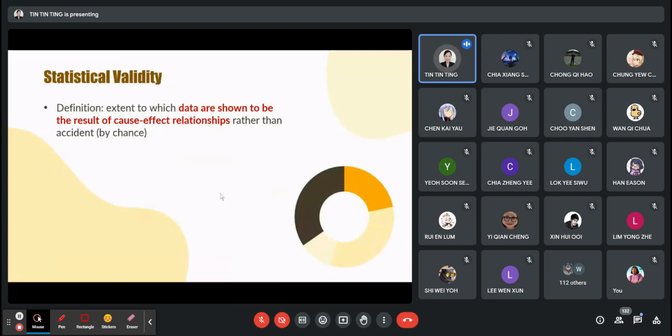The next one is statistical validity, extent to which data are shown to be the result of cause-effect relationships rather than accident or by chance. A measure is statistically valid when we can demonstrate that they did not arise by chance.